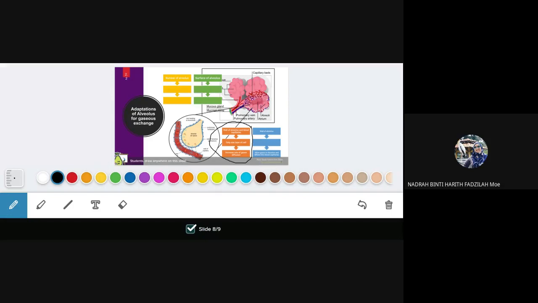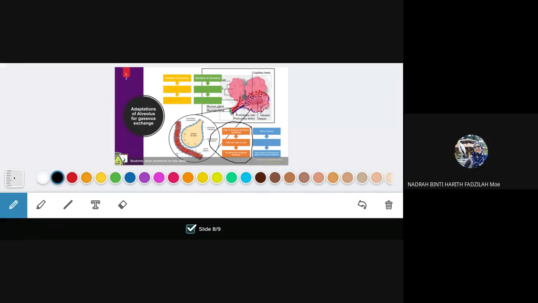The thickness of the structure is only one layer. Therefore, the function is to increase the rate of gaseous diffusion, kadar penyerapan gas jadi lagi cepat. Therefore, it maximizes gaseous exchange. Ingat, matlamat semua struktur ini adalah untuk meningkatkan kadar pertukaran gas.